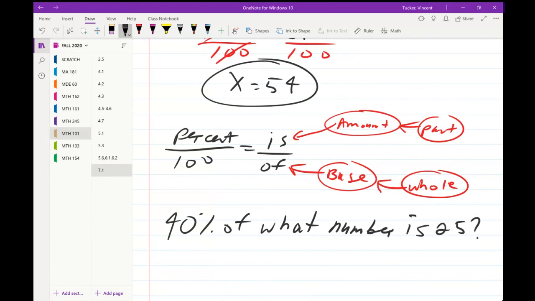So 40% of what number is 25? So you got your percent, of, then is.